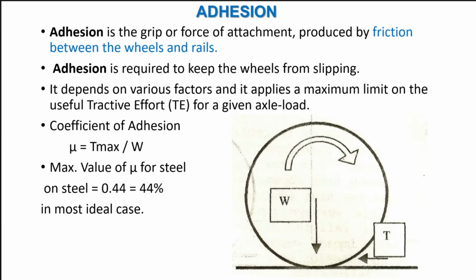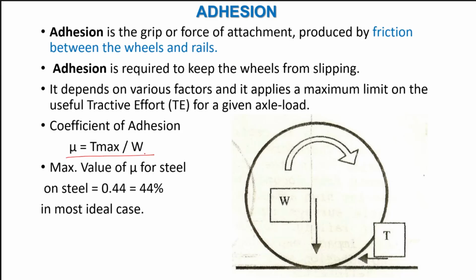Basically, it is the friction between the steel of the wheel and the steel of the rail. As in friction, mu is equal to the ratio of the force to the total weight, or the reaction. Normally for steel to steel, it is 0.4, that is 40%. So whatever the total load coming on it for moving, that fraction is the tractive effort which is required.